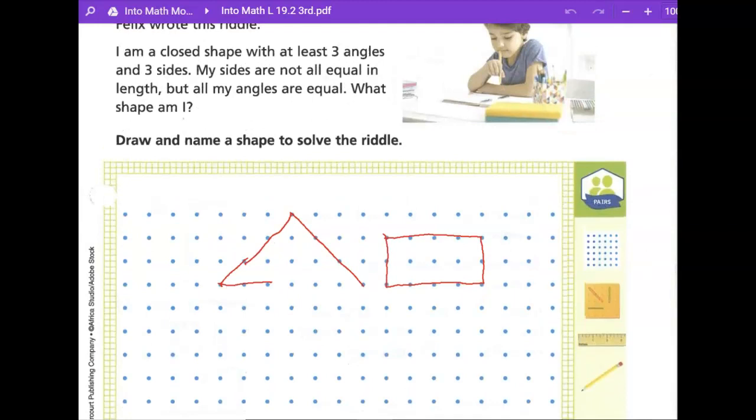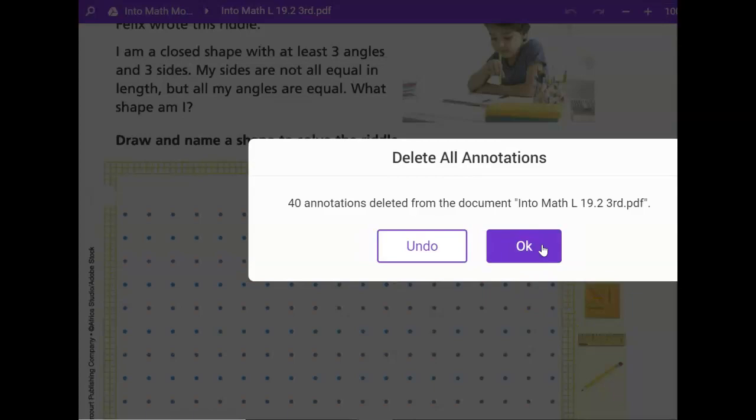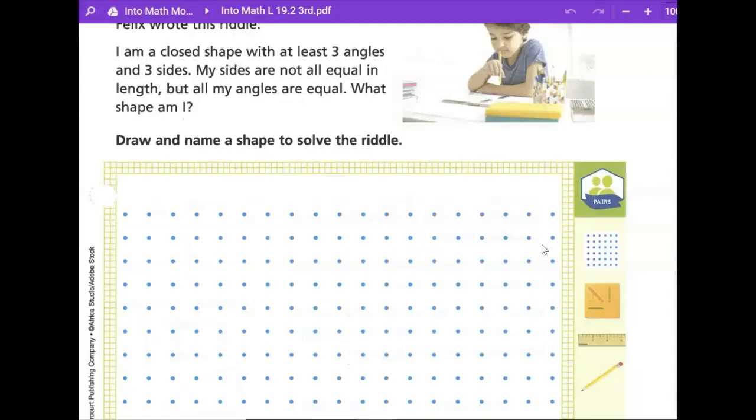Let me clear this. I know. Okay. So, 3 sides. My sides are not all equal in length, but all my angles are equal. What shape am I? Oh, I'm sorry, I read that wrong.